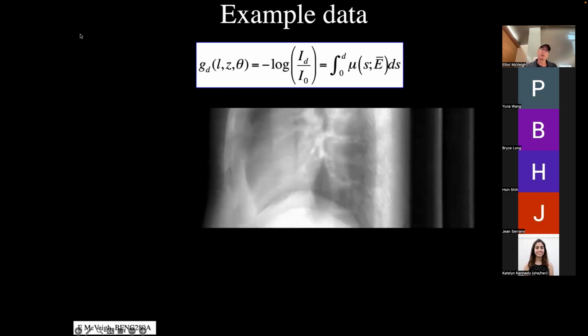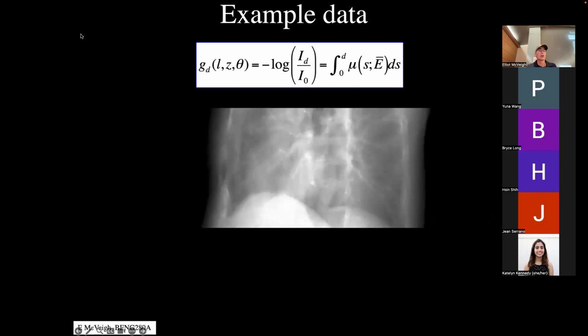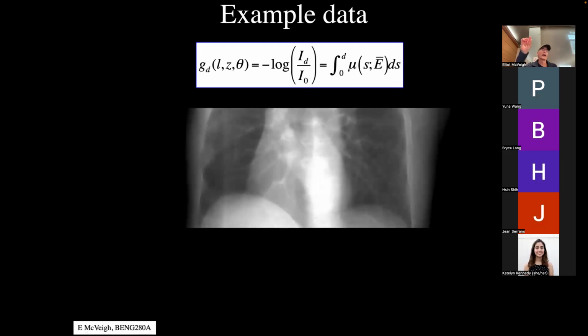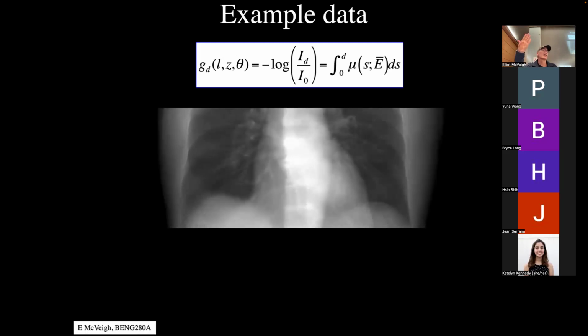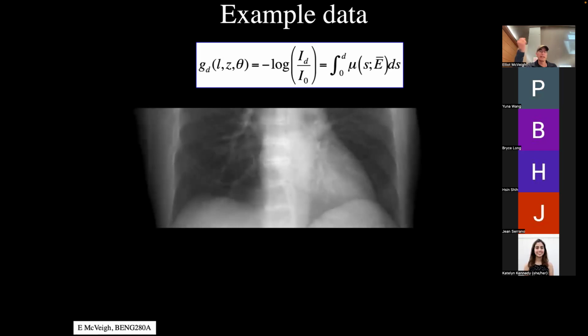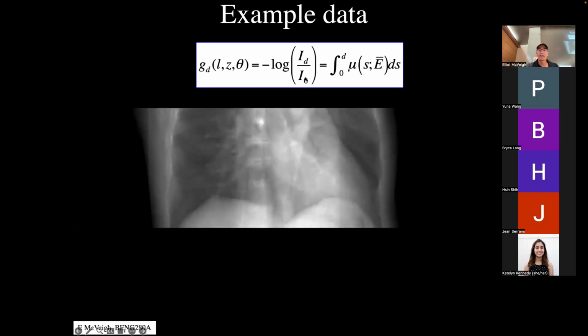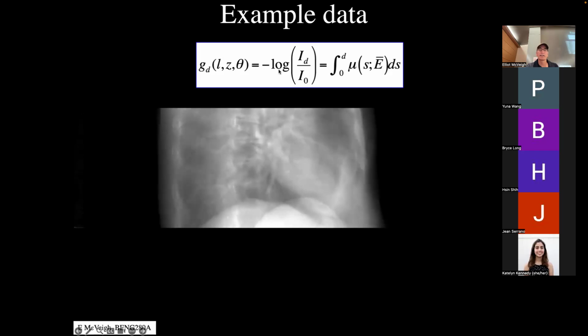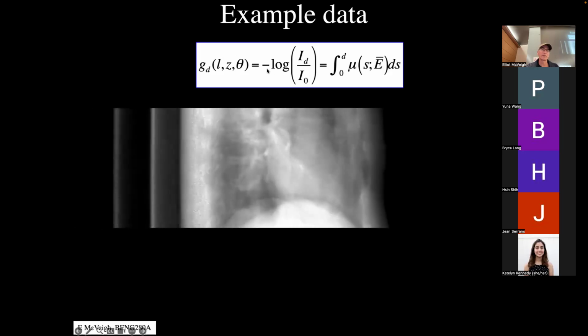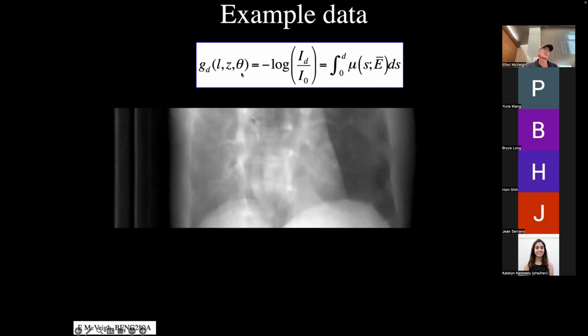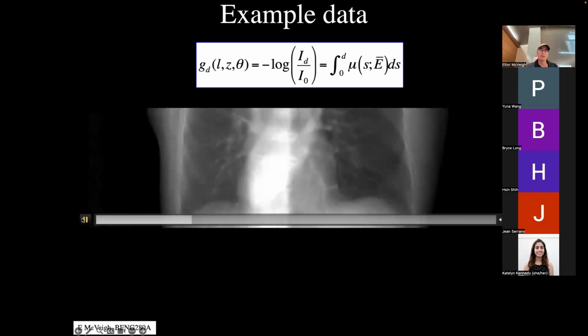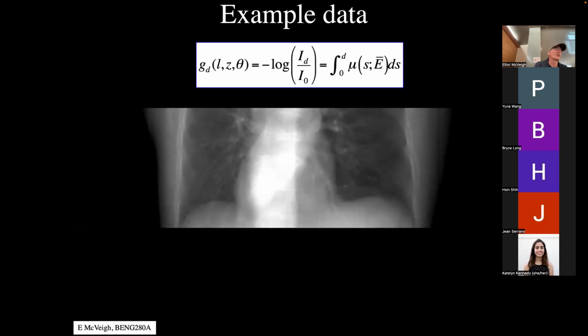Okay, so when we look at this, we're no longer plotting I, the intensity that we see on the detector. We're going to take I, divide it by I naught, and take the log and the negative of that, and we'll get positive numbers. So at each point here, I have a positive number, and that is the sum of the mu values that were along the ray that went through that distance, right?